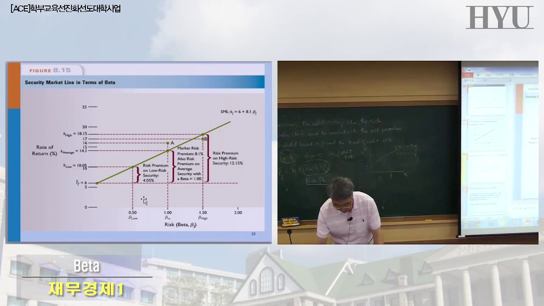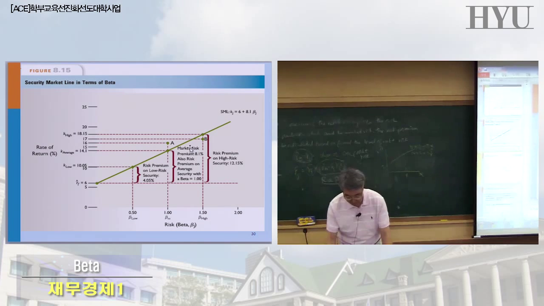Anyway, here we go. So the story of this graph is this. There are two different portfolios, A and B. Or you can say two different stocks or whatever. Two different investments, A and B. And which one is better or which one is acceptable?